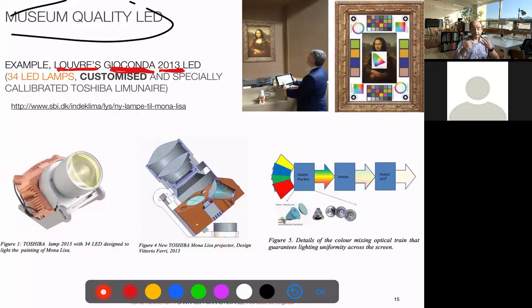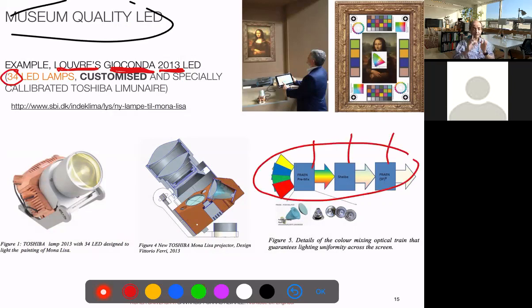So they decided it was time to change to LED. And what happened? They needed to mix no less than 34 different lamps with a set of filters. Right? So the light has almost perfect rendition without all those problems of infrared and ultraviolet.